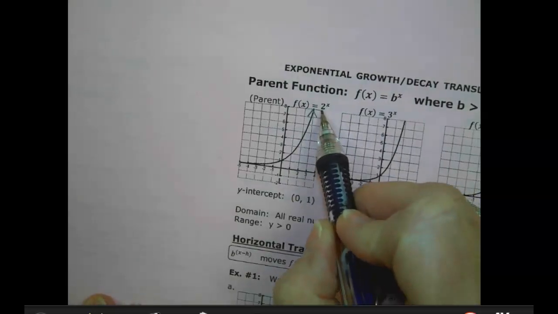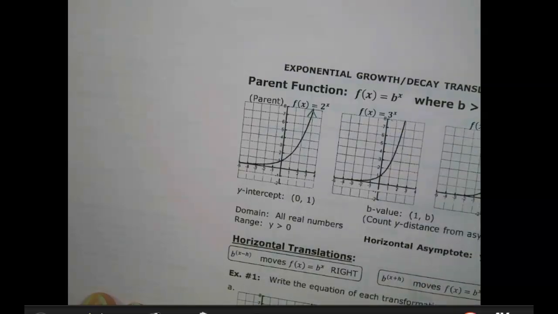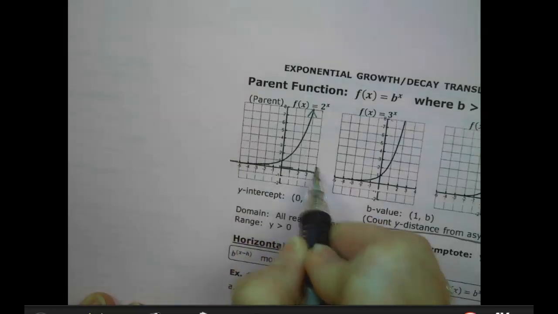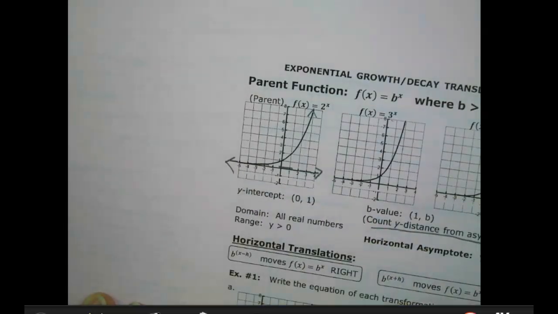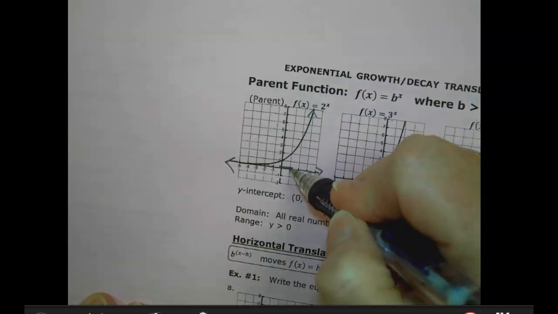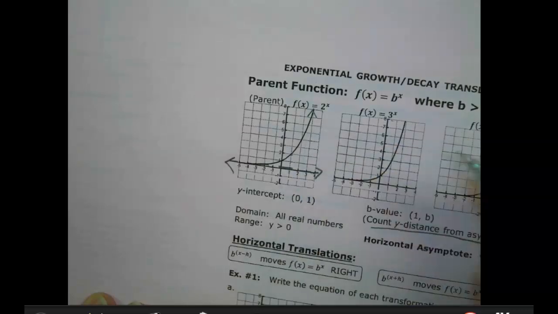So here the base is 2, here's 3, and here's 4. To count the base value, you're going to count the y distance from the asymptote. The asymptote is right here. So if you look here, how many do I count up from the asymptote? I count up 2.